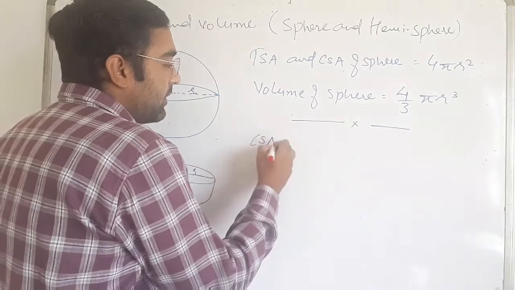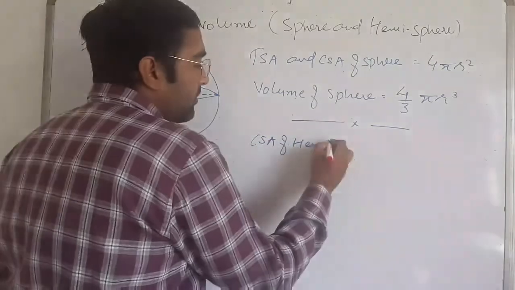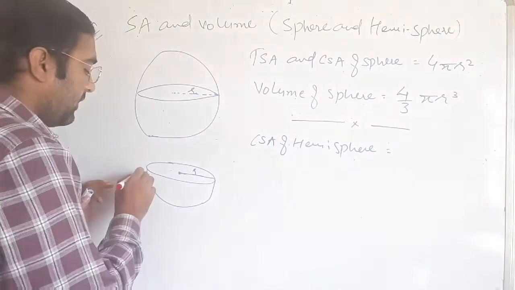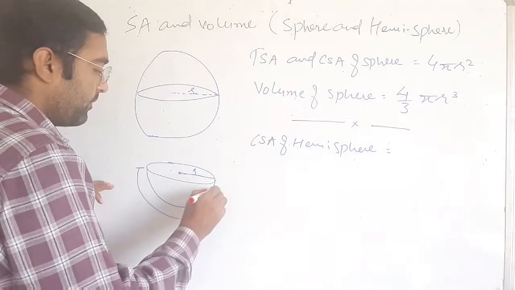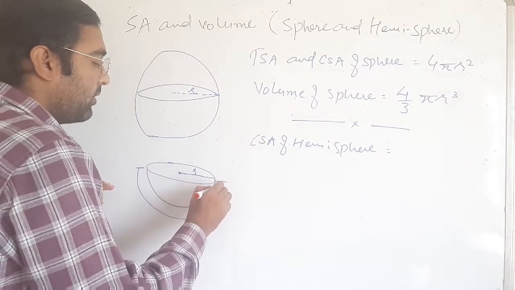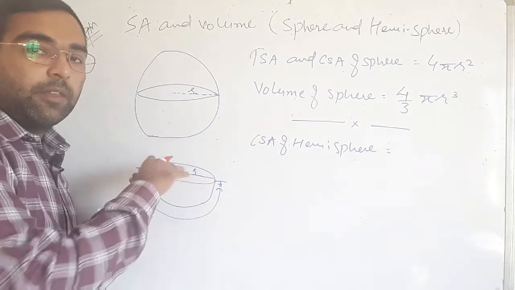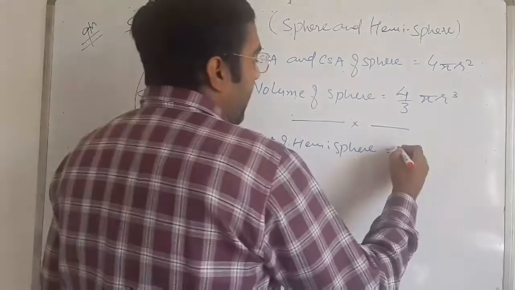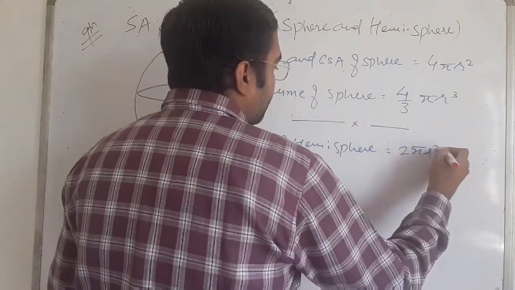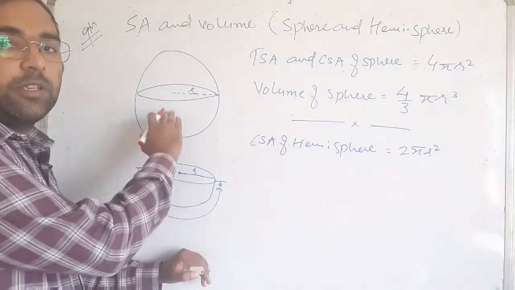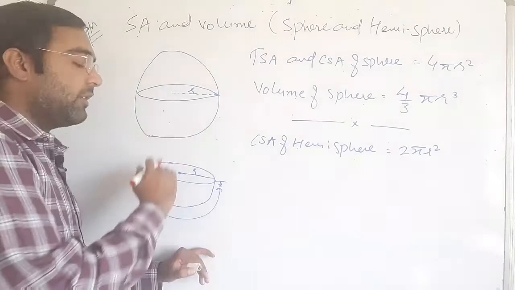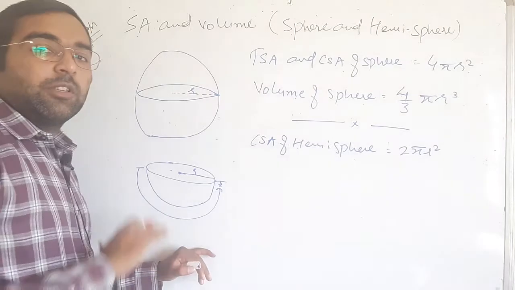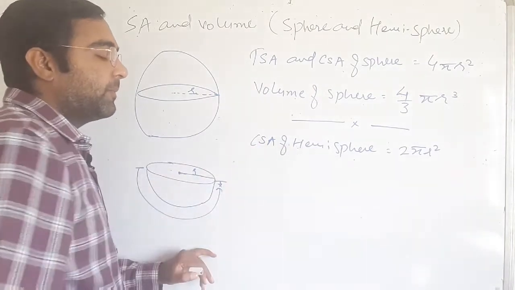The curved surface area of the hemisphere is only the curved surface, from here to here, not including the top. The curved surface area is 2 pi r square, which is half of the sphere, because this is a hemisphere, so we divide by 2.